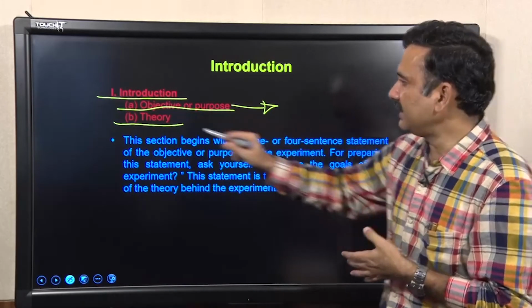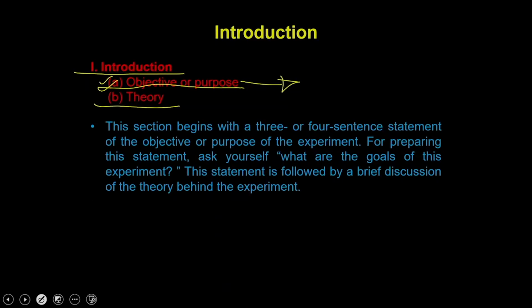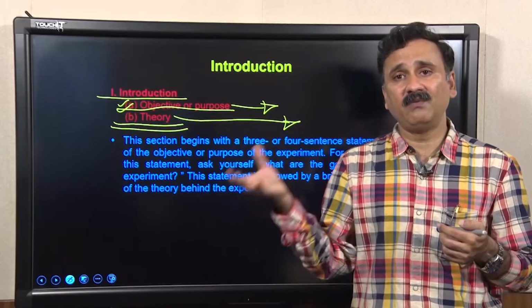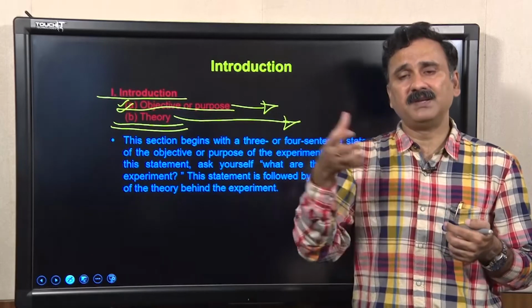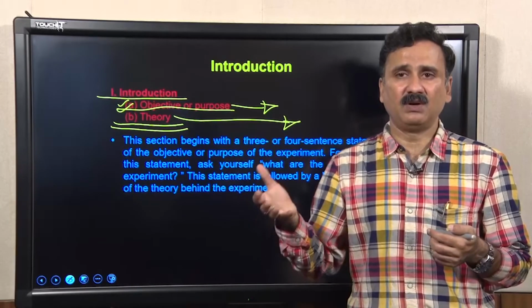So that is the objective, number 1. Number 2, on what theory am I going to base this? For example, I know that light is made up of small particles of different wavelengths. These wavelengths are associated with different amounts of energy.